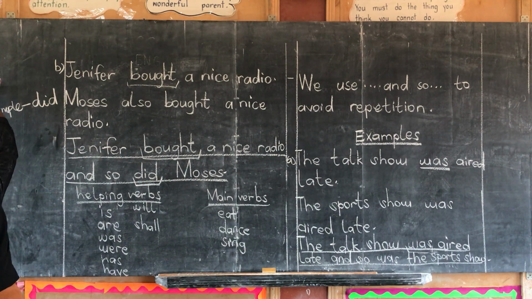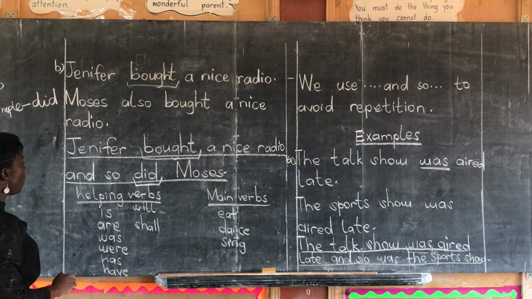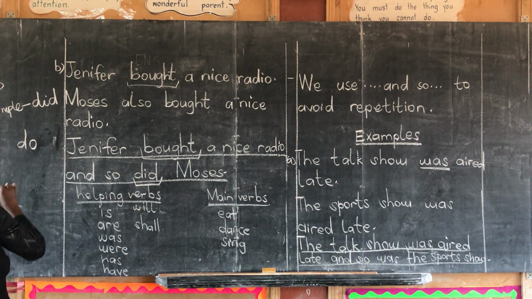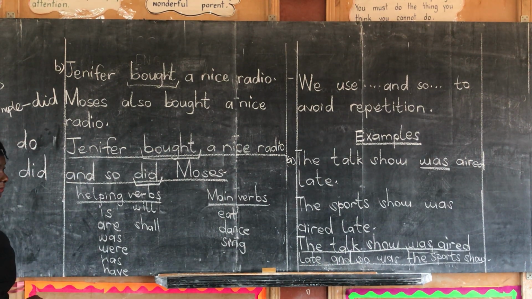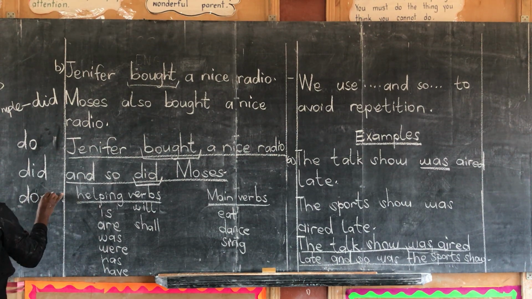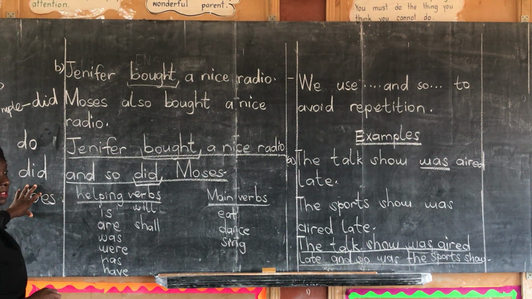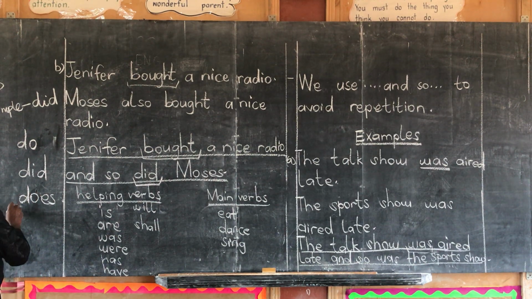That is a form of the word do. So where we have a main verb, we use do, did, or does. Where we have many people, we use do. The past, we use did. Where we are referring to one person, but in the present simple, we use does.